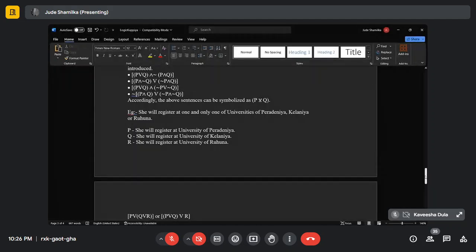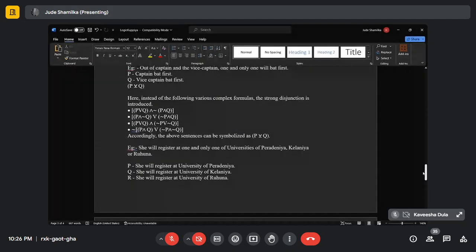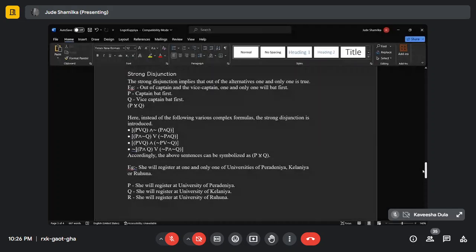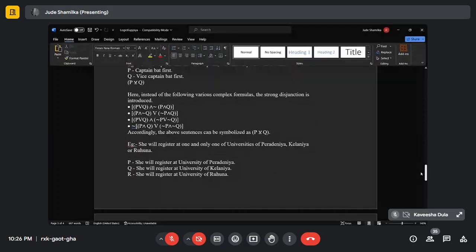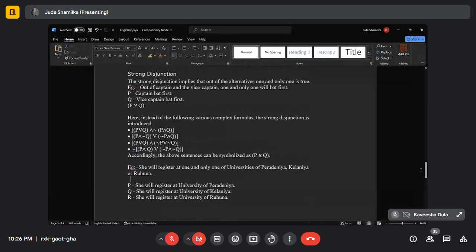Okay, now I think everyone can hear me. Under this strong disjunction, I think you can see another new symbol, this one. This is strong disjunction, but we can use the logic gate operator as well, the XOR gate.